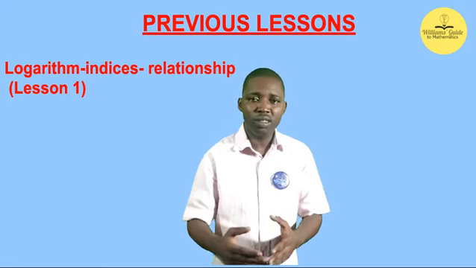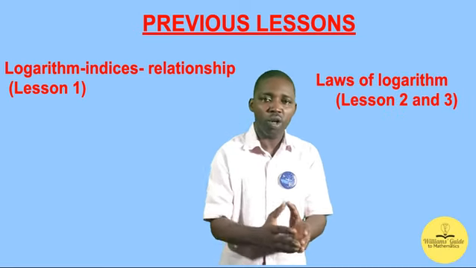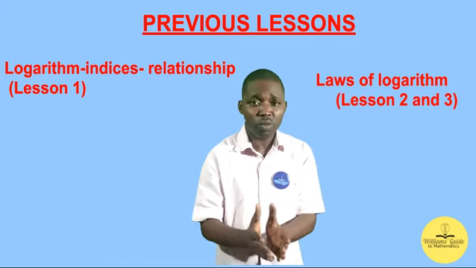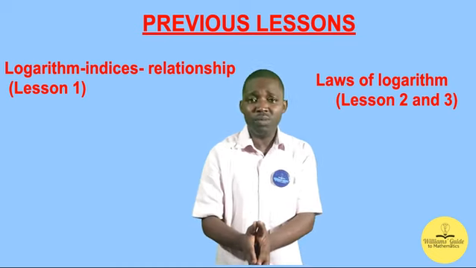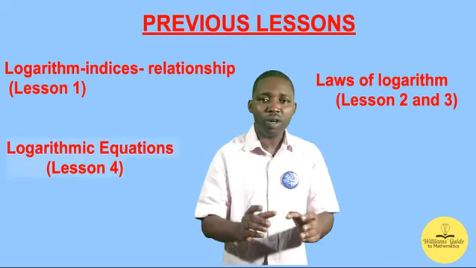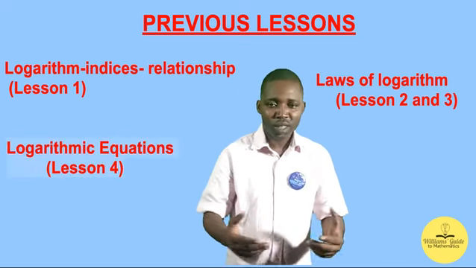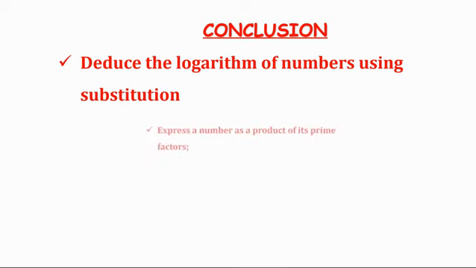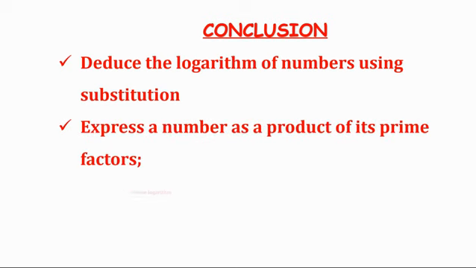The second lesson, we focused on the first 4 laws of logarithm. The third lesson, we talked about the last 5 laws, meaning we have 9 laws of logarithm. And lesson 4, we talked about logarithmic equation. In this lesson, we talked about substitution in logarithm, and we said we need to break the numbers into prime factors. However, if it is a power of 10, we can work with that without breaking it into prime factors.